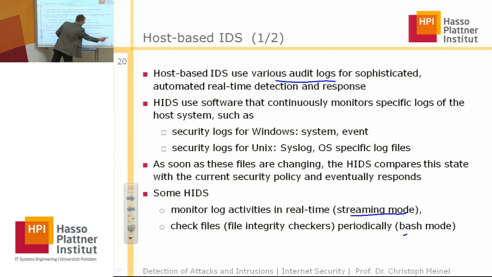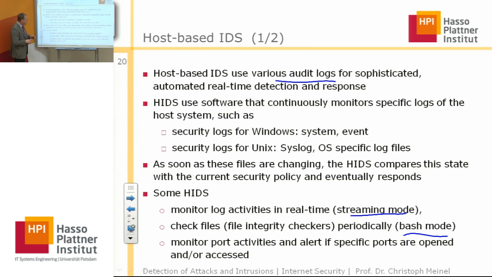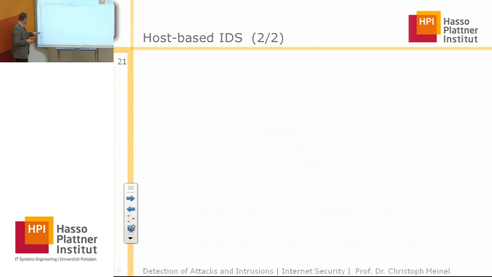Streaming mode is real time. Batch mode is periodical, from time to time. And some of these host-based intrusion detection systems monitor port activities and alert if specific ports are opened or if there is an attempt to access them.